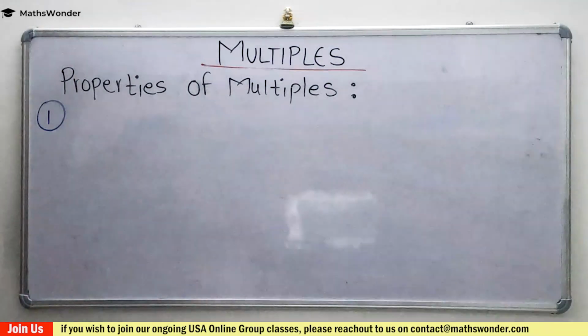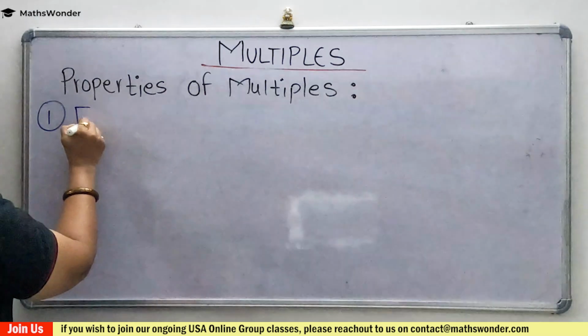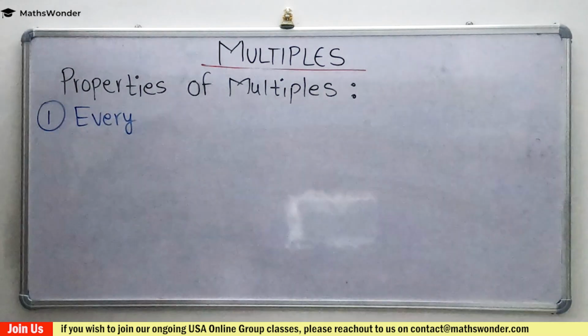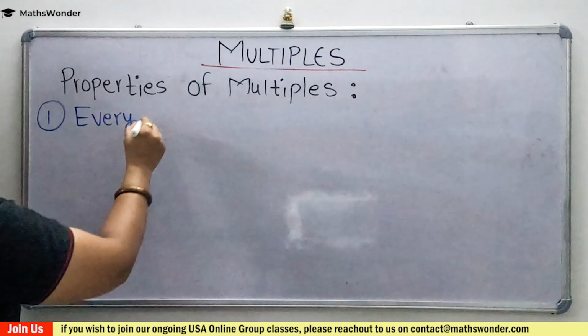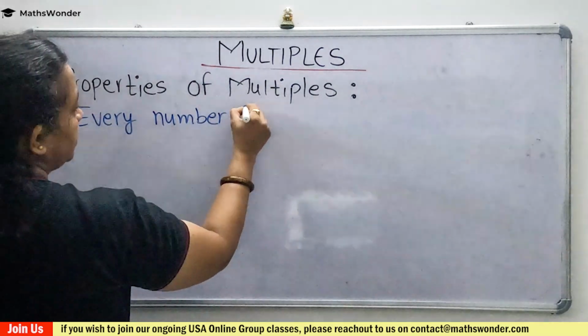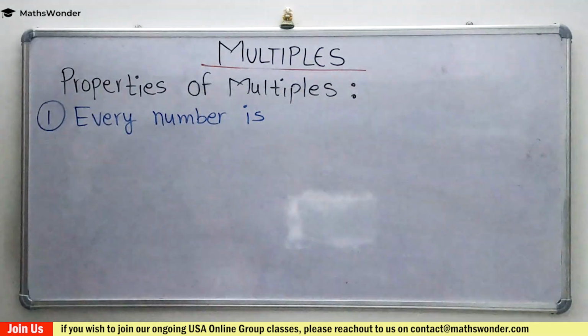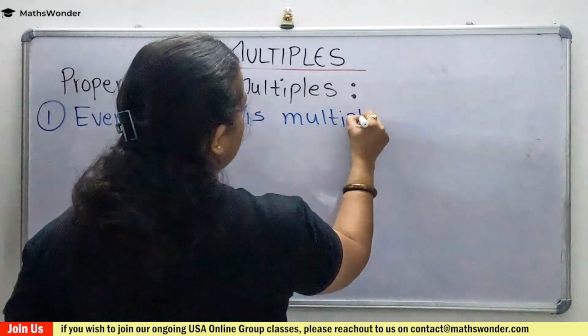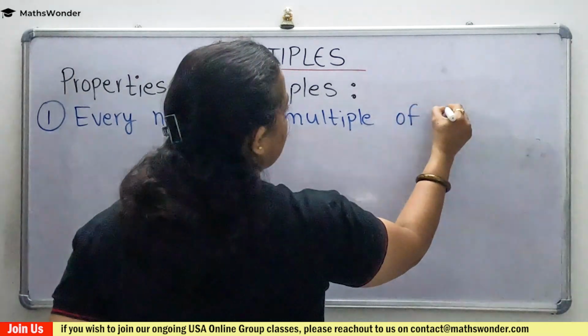Write down the properties of multiples. Every number is a multiple of itself. Factors start with 1, but multiples do not.